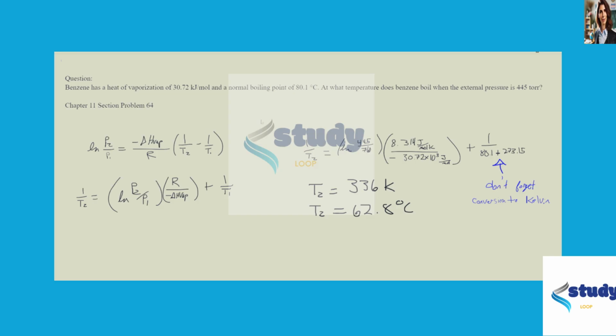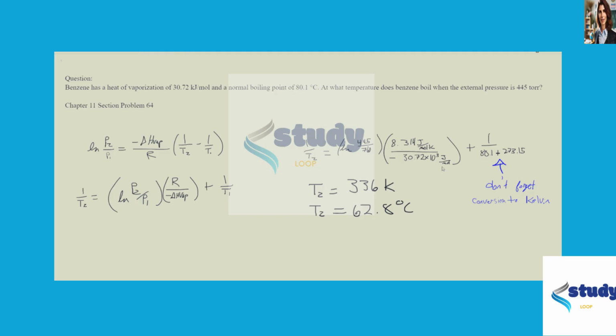Okay, and again, plugging this into our equation, P2 is 445, and P1 is almost always going to be 760. And then for R, we can use 8.314 joules per mole per K. When we plug in this 30.7 kilojoule per mole value, we have to convert that first to joules.